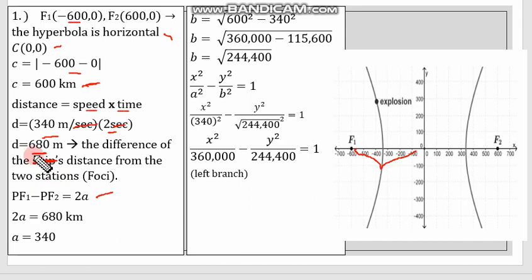So 2a is 680 meters, not kilometers. So 2a is equal to 680 meters.